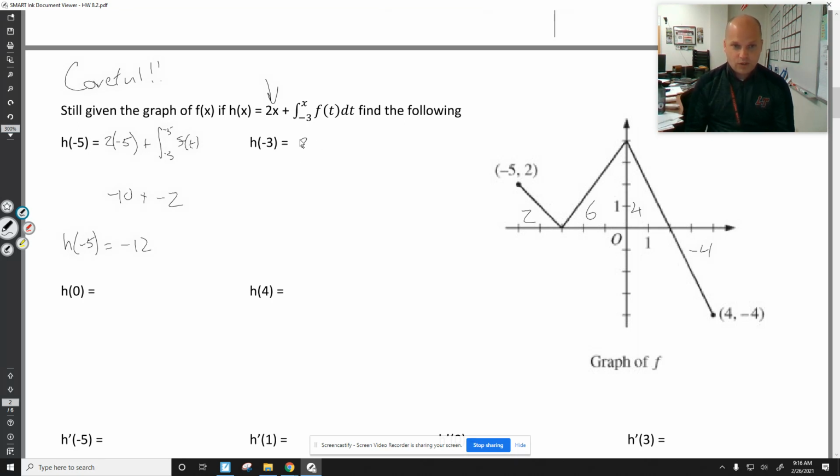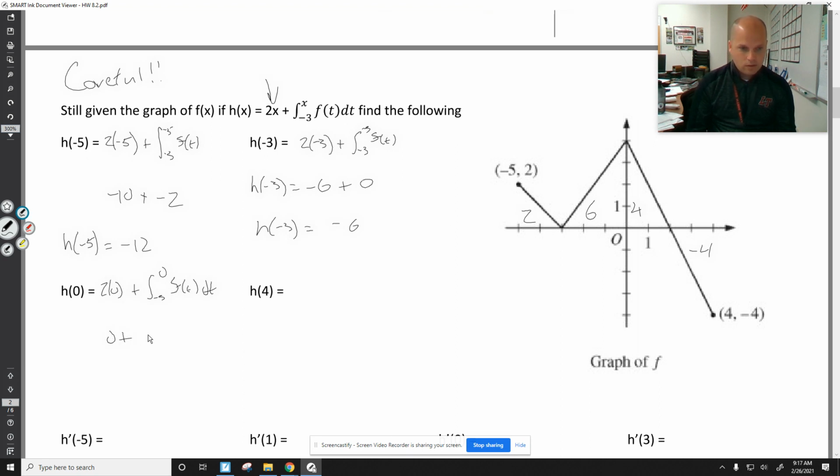H of negative 3, 2 times negative 3 plus the integral from negative 3 to negative 3. That's a 0 area, starting at some place, staying at that place. H of negative 3 is just going to be negative 6, or negative 6 plus 0. H of 0, 2 times 0 plus negative 3 to 0 of f. 0 plus negative 3 to 0, area under the derivative, change in our total, 6.